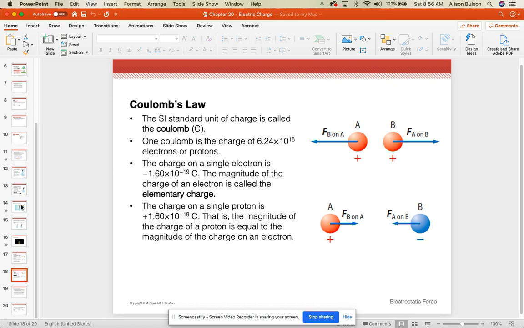They have equal but opposite signed charges. We know that protons themselves are made of quarks and that quarks have partial chunks of electrons worth of charge, but we still call the amount of charge on an electron the elementary charge. The magnitude of the charge of the proton is equal to the magnitude of the charge of an electron, but they're exactly opposite types of charge.